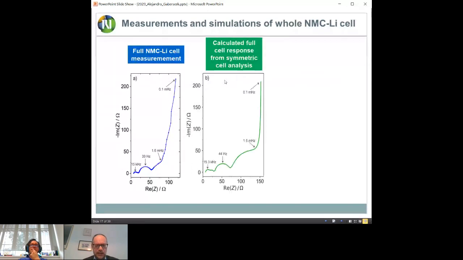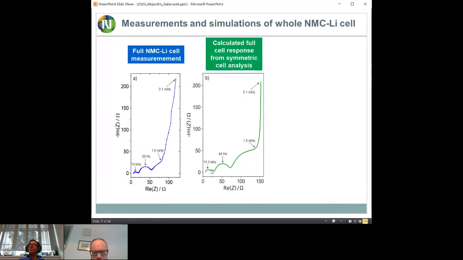And here is the measurement of the full cell, and here is the calculation from the symmetrical cells. What you can see is that all these features are the same as predicted, as measured and also in the calculation. Only the size of features is a bit different.